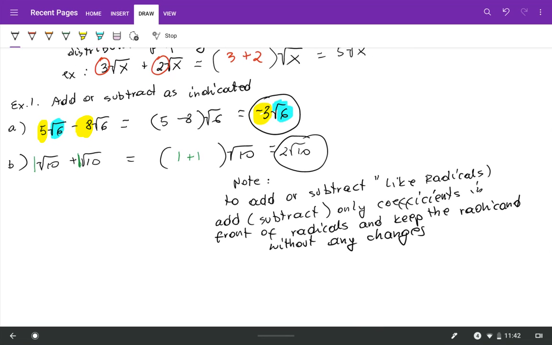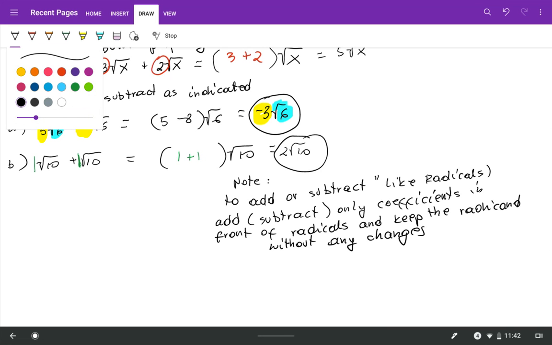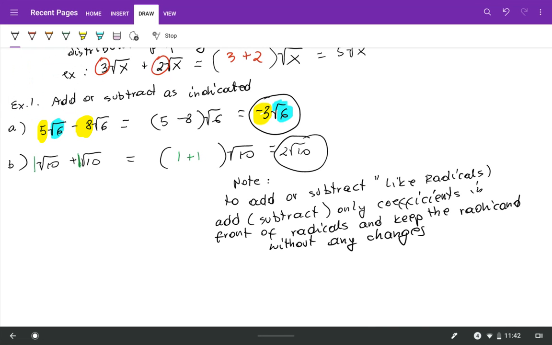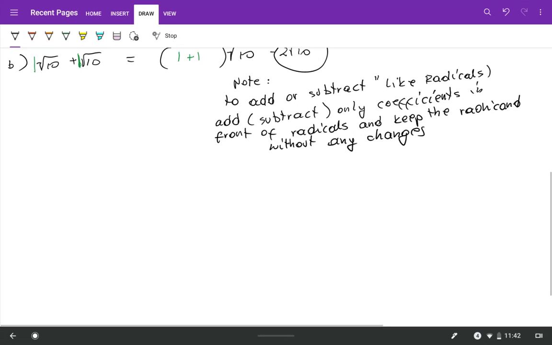Okay, so let's continue with more examples. This is example 2. We're also going to add or subtract.